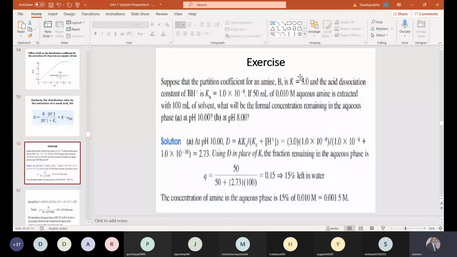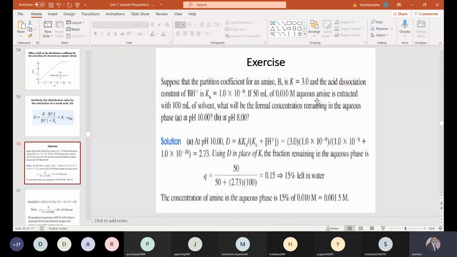That means when this amine is extracted under neutral conditions, the partition coefficient K is 3, the maximum found. And the acid dissociation constant of BH plus is Ka equal to 10 to the power 9, the ionization constant of that conjugate acid. This is the preliminary information we have for a given base.